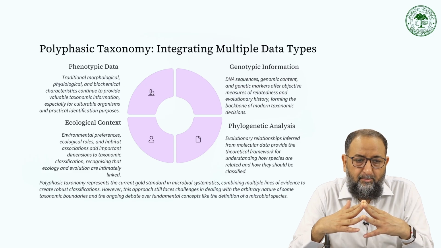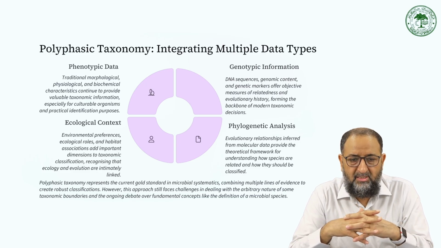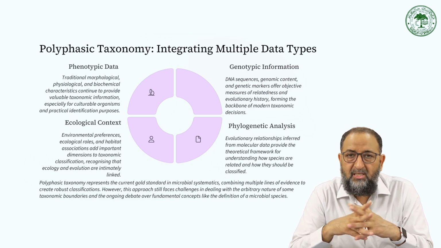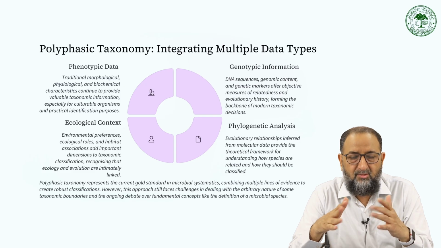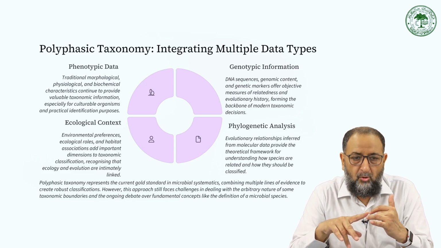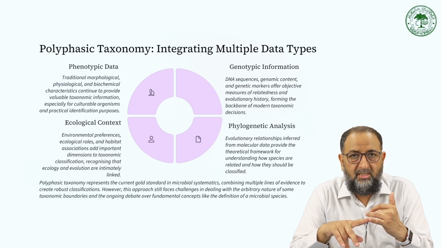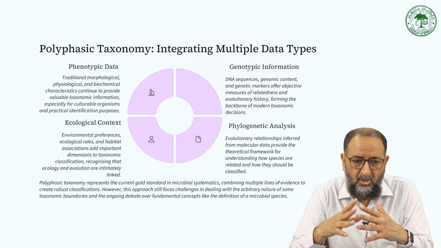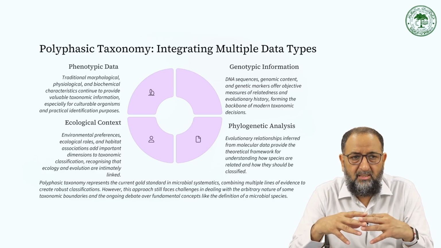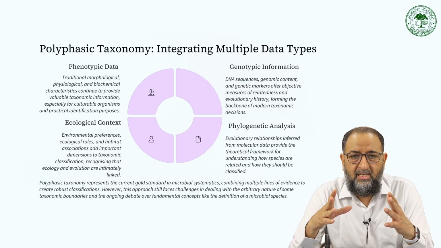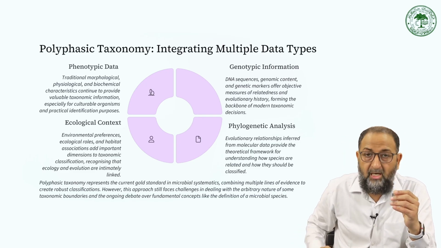The polyphasic taxonomy represents the current gold standard in microbiological systematic classification, combining multiple lines of evidence based on phenotypic data, genotypic data, ecological data, and phylogenetic analysis, or relatedness, or similarity, or variation. All these data together give you a polyphasic taxonomy, which clearly identifies a particular species or individual.